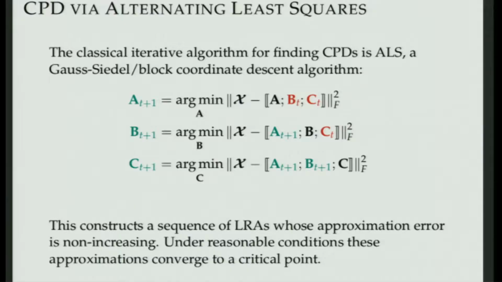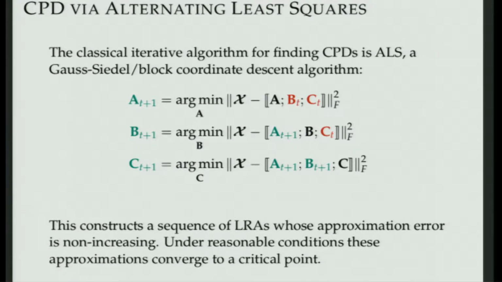So the classical iterative algorithm for finding CPD is alternating least squares, which is just a Gauss-Seidel scheme that fixes one set of your factor matrices, or two sets of your factor matrices, and learns the next to minimize your sum of squared errors.